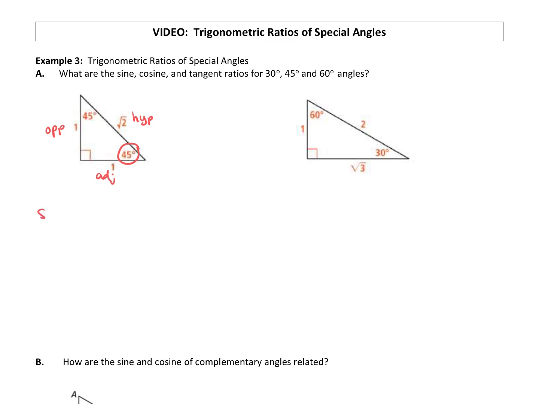So sine of 45 degrees is the opposite over hypotenuse, so 1 over root 2. We're not going to leave a root 2 in the denominator, so we rationalize and we get root 2 over 2. So sine of 45 is root 2 over 2.